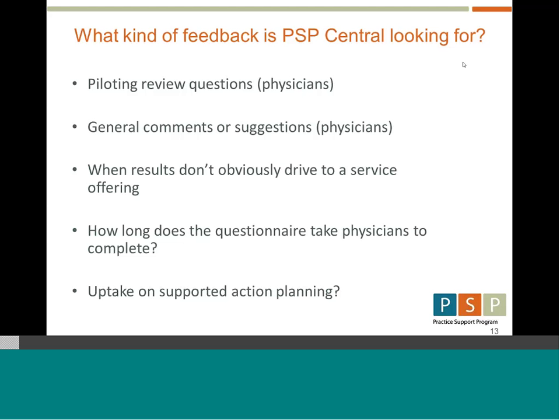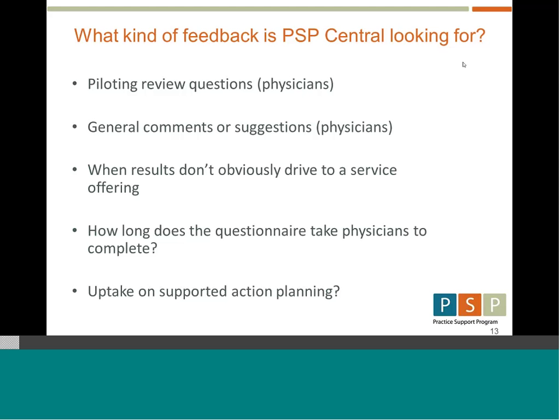Good question. Thanks, Julie. Many of the questions are taken from assessments that were designed and tested in other settings. Those were designed with input from GPs. Then when we added questions and chose the ones that we felt were most relevant to BC, we did go through a review process with a small number of GPs, including GPs from GPSC as well as a couple of rural physicians to get a rural lens on it.